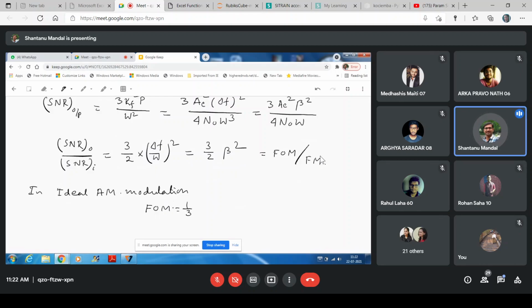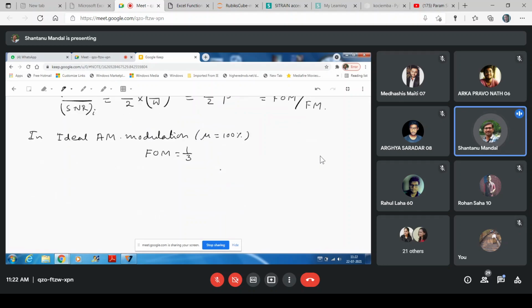So already I have discussed that for ideal AM modulation, mu equal to 100%, so FOM equal to 1 by 3.